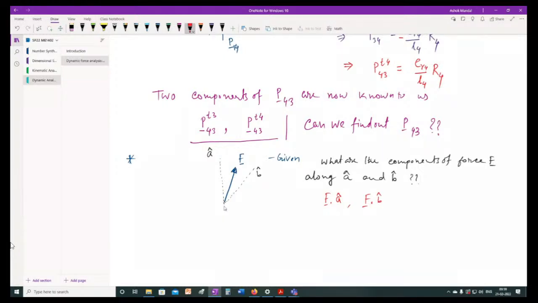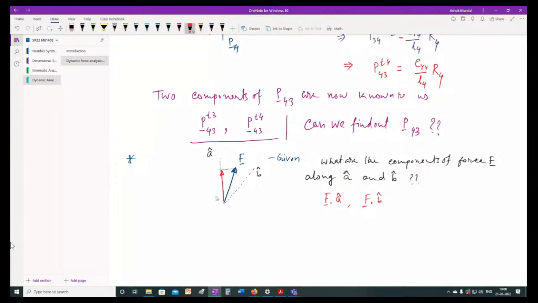This direction represents the direction of the force. We want to find out this force's component along this direction. How to find out graphically? We will draw a perpendicular line to it like this, right? So that will give us the component of the same force along A direction.